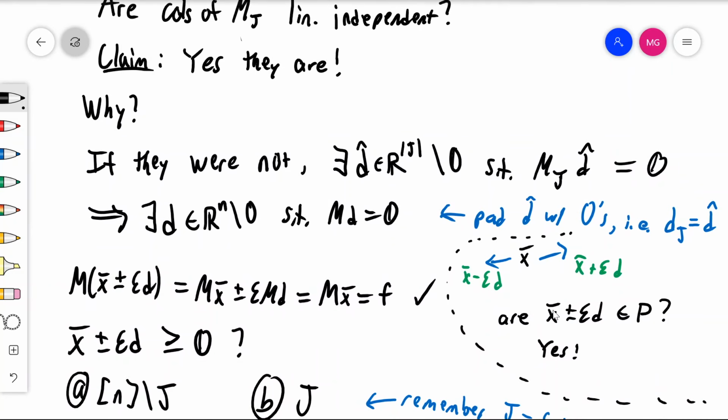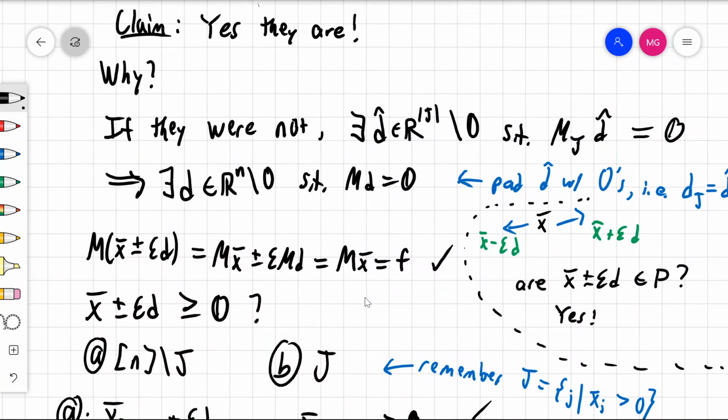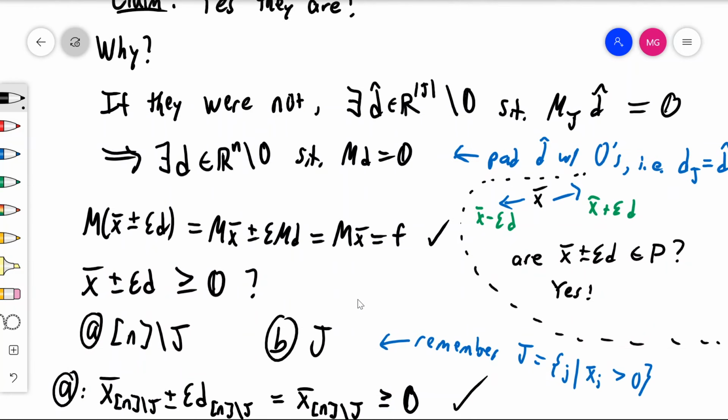So what does it mean for these points, x bar plus and minus epsilon d, those perturbation points, to be in the polyhedron? It just means that they satisfy the constraints: the matrix equality constraints and the variable non-negativity constraints. The matrix equality constraints are immediate, because for M times x bar plus or minus epsilon d, we have 2 points, one for the plus and one for the minus.